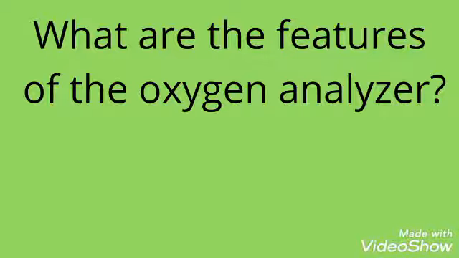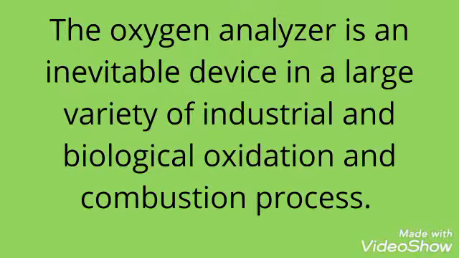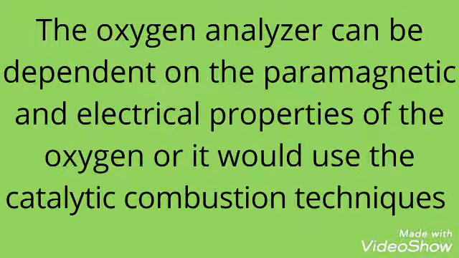What are the features of an oxygen analyzer? Here we are going to discuss all the features of an oxygen analyzer. It is a device used in a variety of industries, in biological oxidation, and in the combustion process.